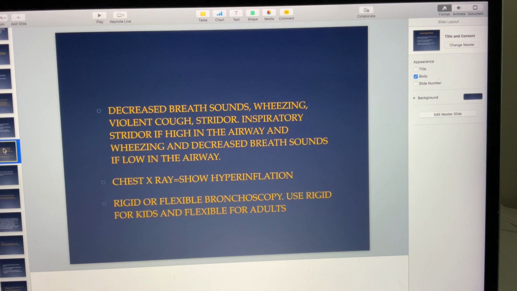You're likely going to see decreased breath sounds, wheezing, violent cough, and inspiratory stridor if it is high in the airway, or you can see wheezing and decreased breath sounds if it is low in the airway. And you want to do a chest x-ray, and you're likely going to see hyperinflation.